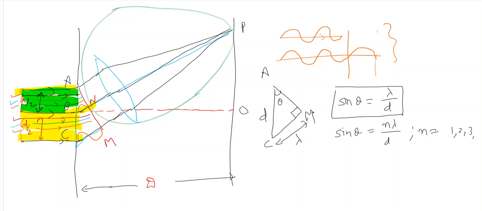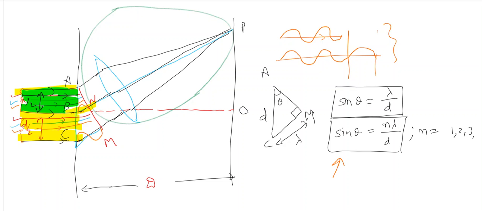Okay, so this is the condition for P point to be dark. Now, if n is 1, you are talking about the first minimum. If n is 2, you are talking about the second minimum, and so on. So, what is the condition for minima in case of single slit diffraction? This is the condition.